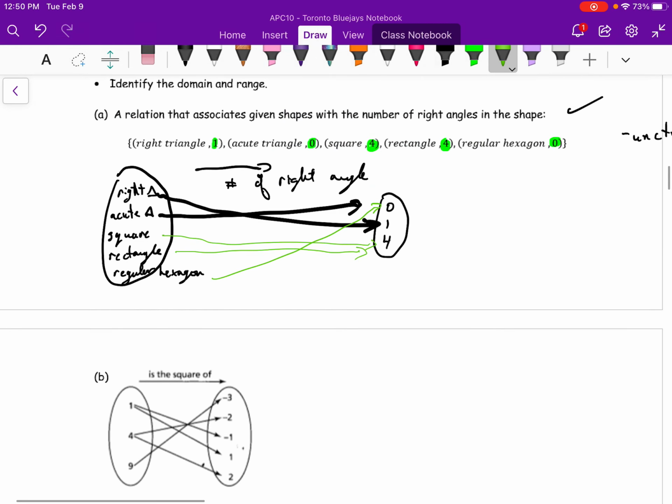So is this a function? This is not a function. Sorry, incorrect. This is a function.